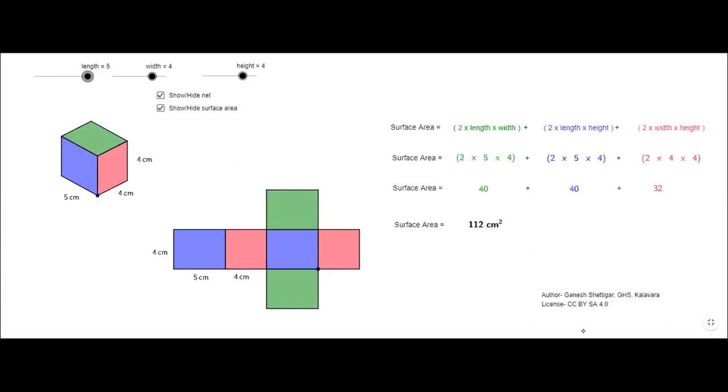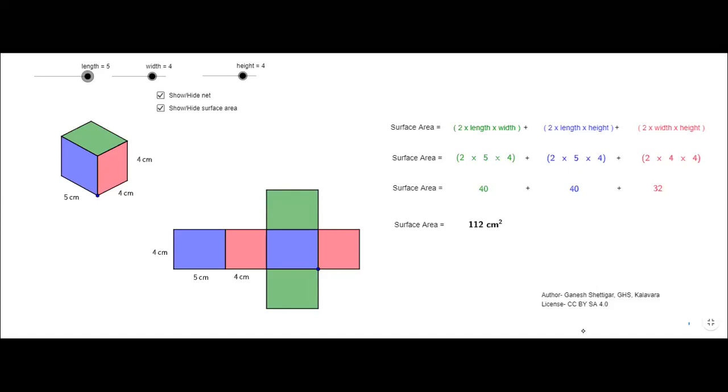All right. Now, how can you calculate the area of the cuboid? So you see, guys, in a cube it was very simple. Area of one side is a square. Area of six sides is 6a square.